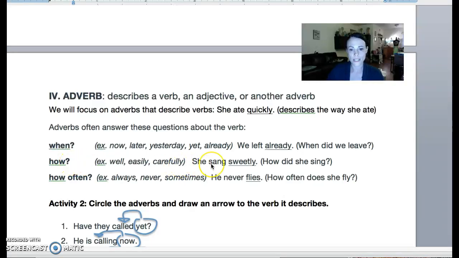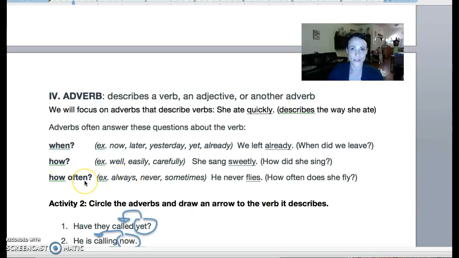Okay, so she sang. How did she sing? She sang sweetly. So that gives more information about how for the verb. Other examples are well, easily, carefully. Notice that ly. Very commonly, you're going to see ly with adverbs.